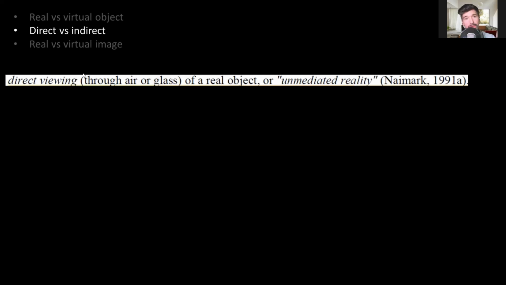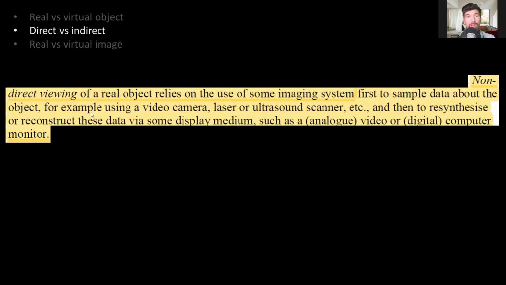So direct viewing would be described as something that you are looking directly at through air or through glass, which was defined in this paper. So direct viewing is when you can observe it directly through air or through glass, while indirect viewing has to do with looking through certain media, as we've discussed. It says that the non-direct viewing of a real object relies on the use of some imaging system, first to sample data, for example a video camera, laser, or ultrasound scanner, and then to resynthesize or reconstruct these data via some display medium.